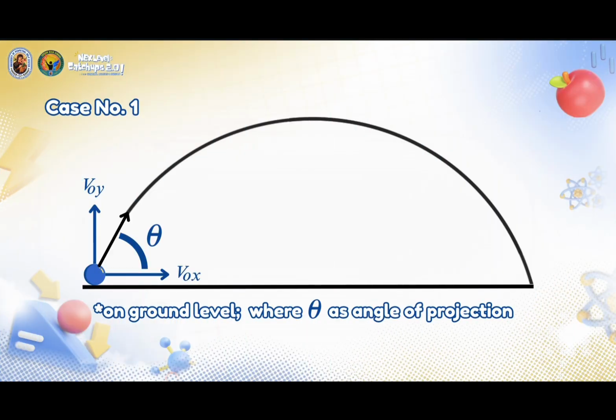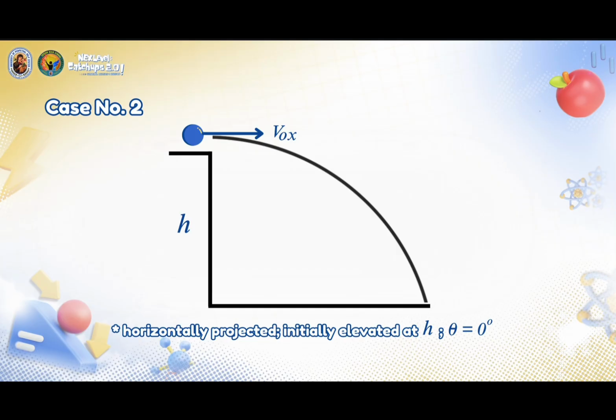Moving on, we have different cases in projectile motion. In case number 1, the object of projection is on the ground level where it is projected at a certain angle theta. Case number 2, we have the object initially elevated at a certain height h, horizontally projected, and it has the angle of projection which is equal to 0 degrees.